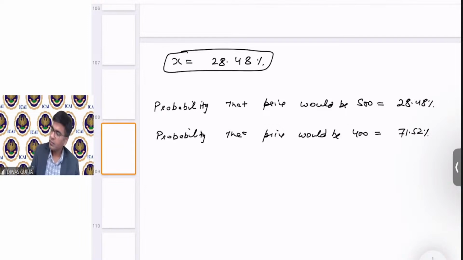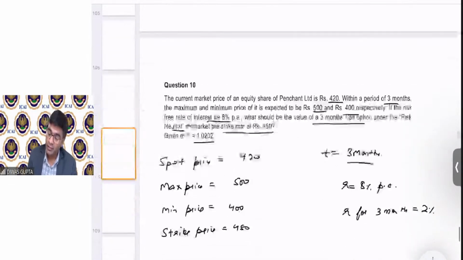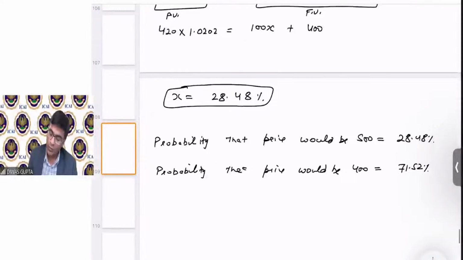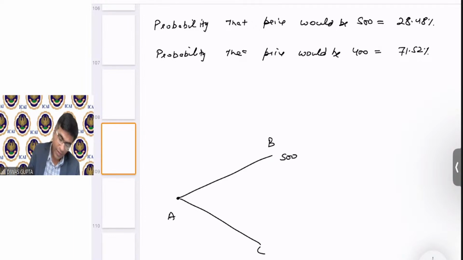Now, the next part is to calculate the value of the call option. The probabilities have been calculated. To calculate that, we first need to put a binomial tree. This is, let's say, A, B, C, 500, and the next one was 400.